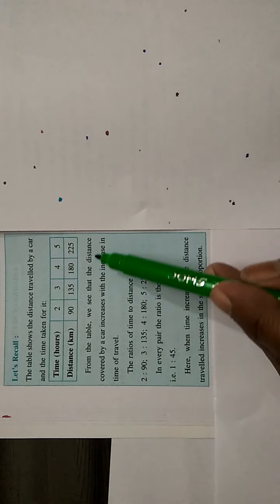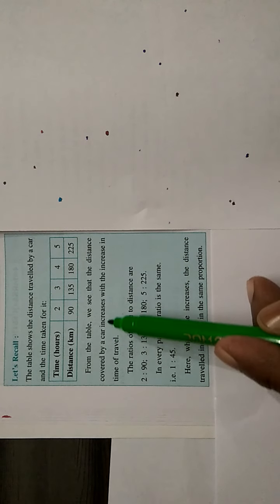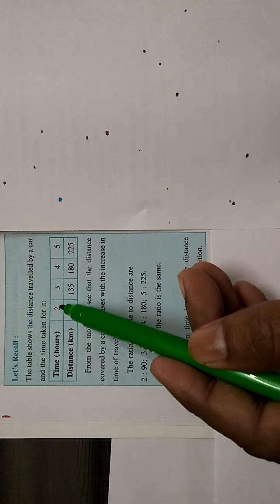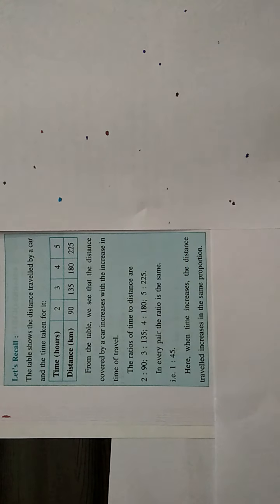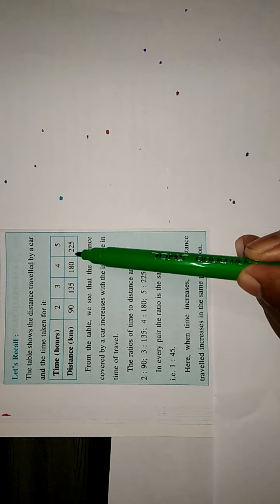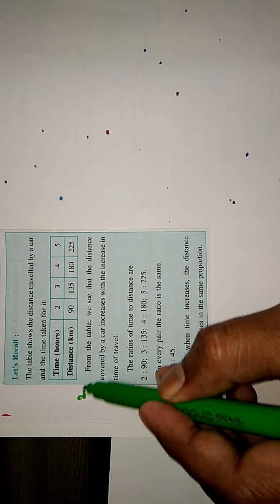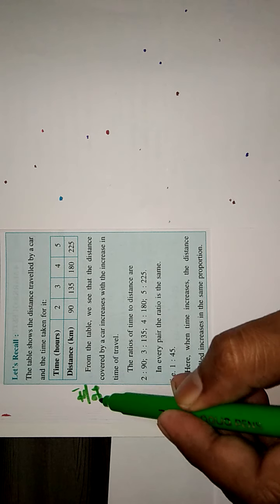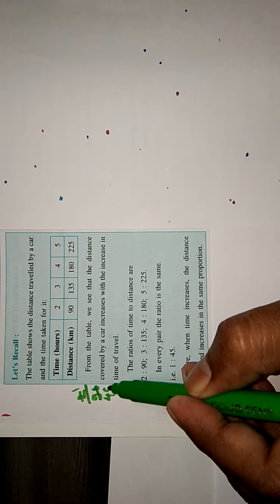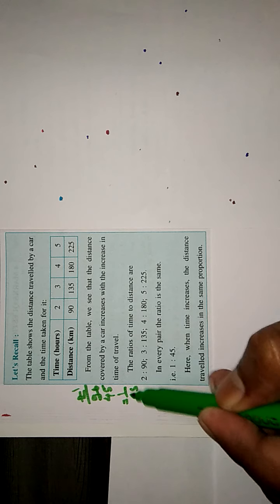From this table we see that as time increases, the distance covered by the car also increases. Therefore the ratio of time to distance, if we take 2 upon 90, we get 1 upon 45. Dividing 2 upon 90, 2 ones are 2, 2 fours are 8, 2 fives are 10, we get 1 upon 45.